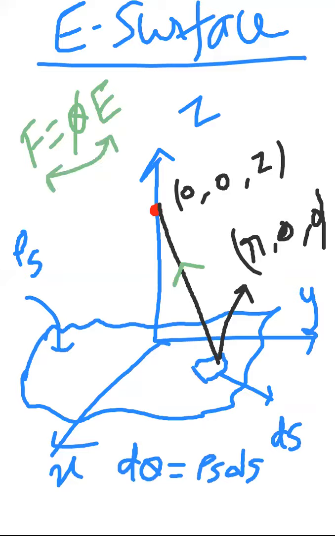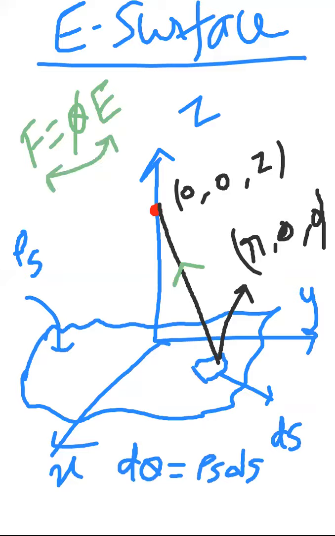Once you know these directions, this electric field direction, with this you can calculate what is dE, the differential electric field due to the point charge.